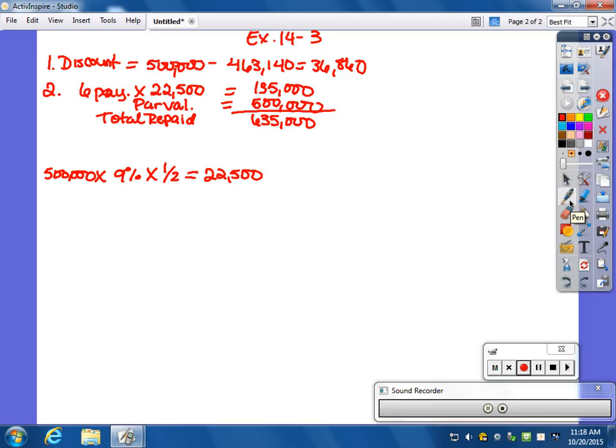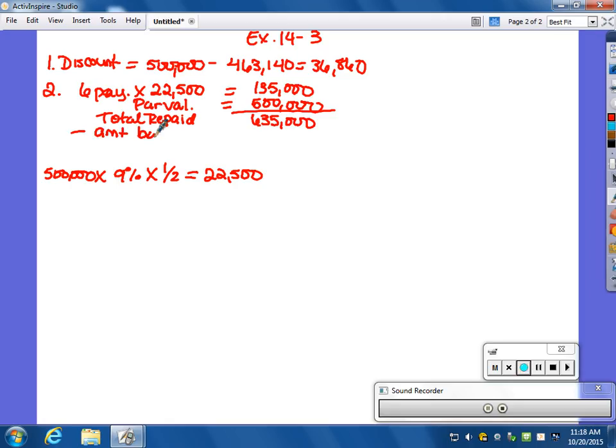How much did you borrow? 463,140. That's it. 463,140, and that gives us how much? 171,860. Okay, so that is our bond interest, 171,860. Now you can do the amortization table.